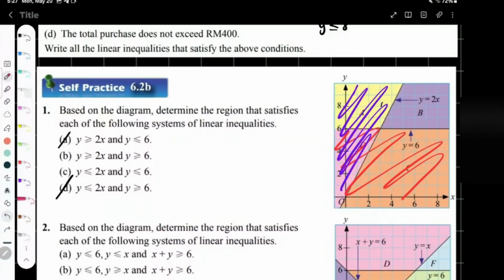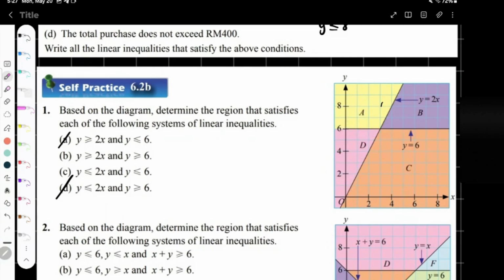Oh, that's the wrong color, I should use this color. They are intersecting at D. Okay, do you understand, Nadia? Yes. Okay.